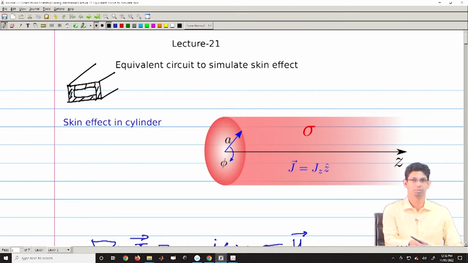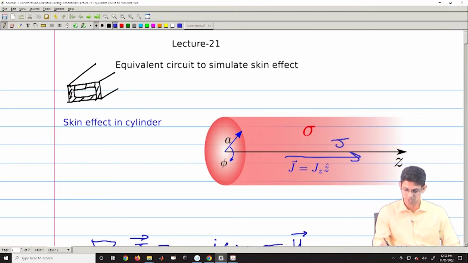However, we made a sort of hand waving extension from a semi infinite plane to this region. So, in this lecture we will take a more symmetric geometry of a cylinder. So, we will take a cylinder which is conducting, it has a conductivity of sigma, and the current is flowing in this direction.